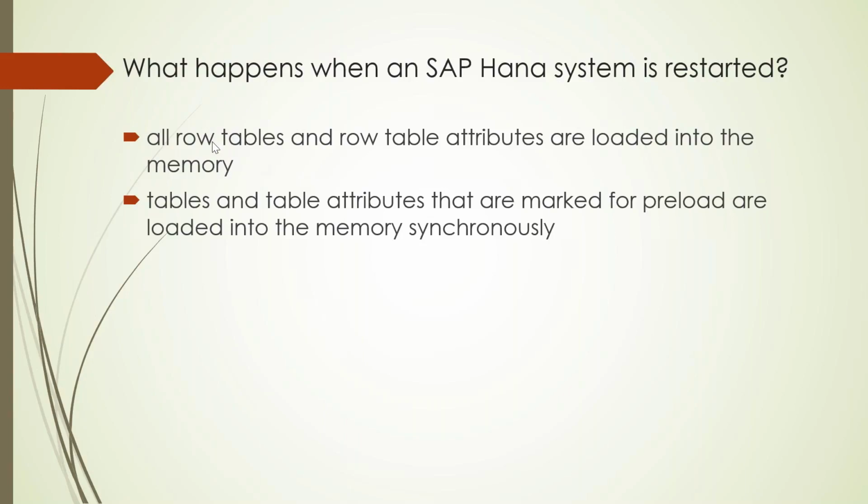The answer is the same. Whatever row tables we have in the HANA system, they and their attributes are always loaded in the memory and will remain there as long as the HANA database is running. Then the tables and table attributes which are marked for preloading will be loaded, and after that lazy loading will be done.